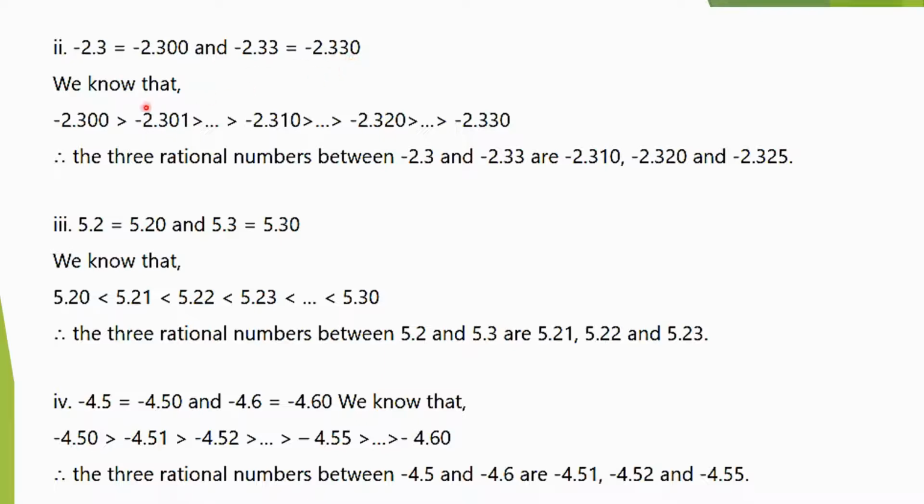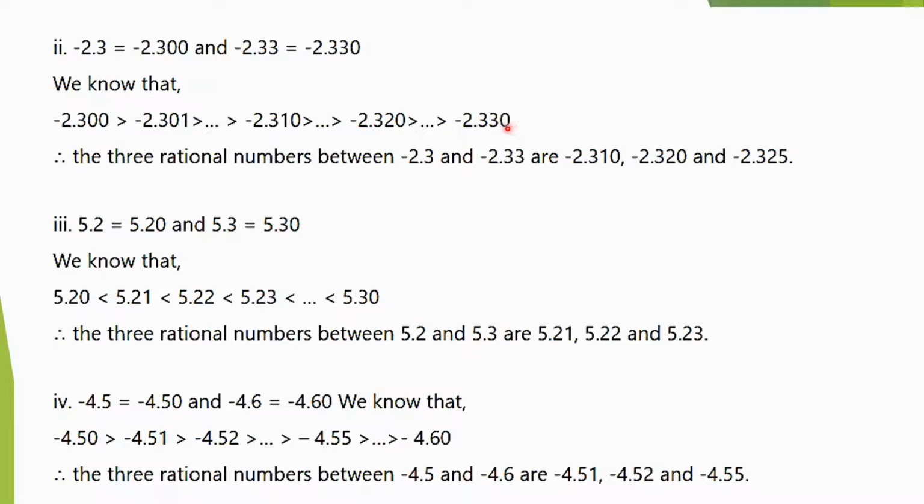So we know that now we will write it in descending order. Minus 2.300 greater than minus 2.301 greater than and so on, minus 2.310 greater than so on, minus 2.320 greater than minus 2.330.